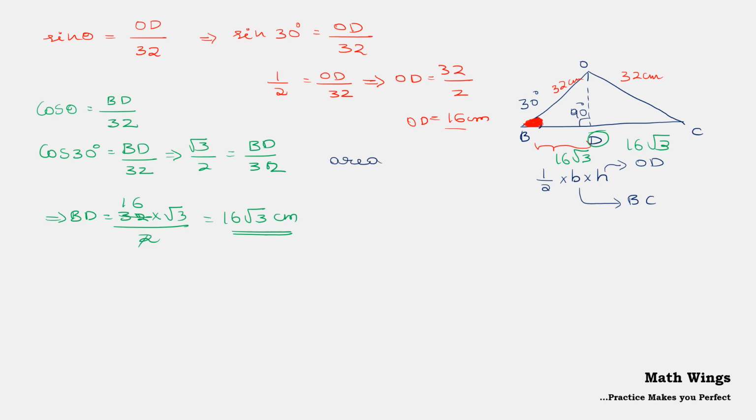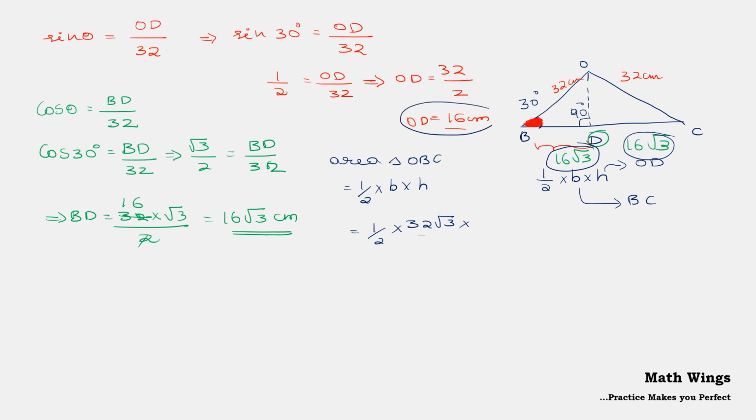We have area of triangle OBC equal to half into base into height. So half into, what's the value of base? Base is equal to 32 root 3. Why? Because we have 16 root 3 plus 16 root 3. That gives you 32 root 3 into height, that is OD.